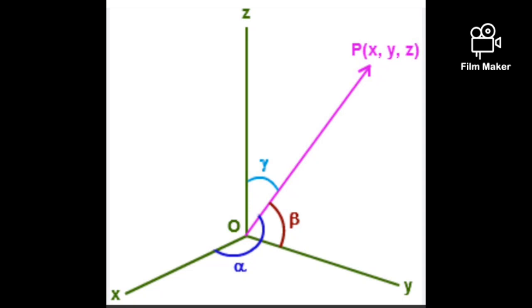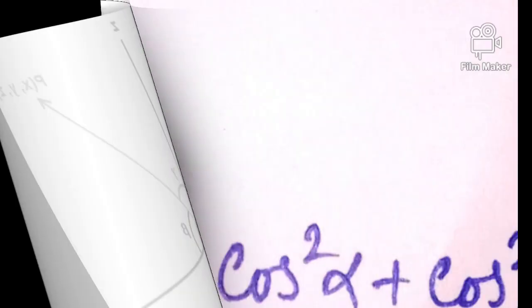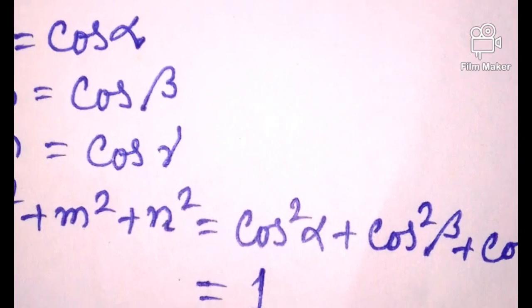If alpha, beta, gamma be the angles which a straight line makes with the positive direction of the axes, then cos alpha, cos beta, cos gamma are called the direction cosines of the line. They are generally denoted by L, M and N.